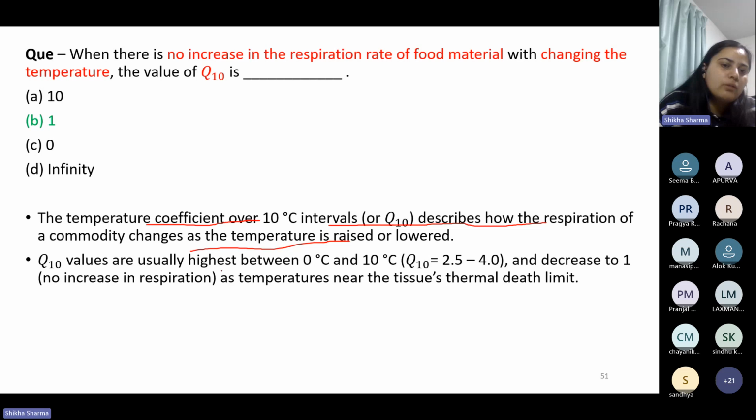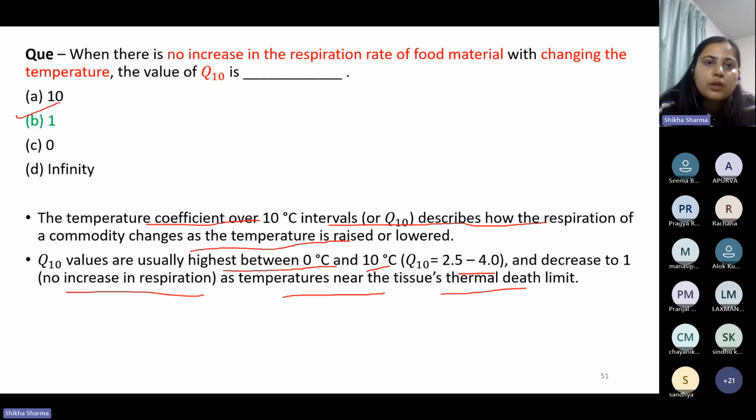Q10 values are usually highest between 0 and 10 degrees, which is 2.5 to 4, and then decrease to 1, with no increase in respiration as temperature nears the tissue's thermal death limit. So the answer is 1, because when there is no change in respiration rate with changing temperature, Q10 will be 1, the condition where the tissue is near its thermal death limit.